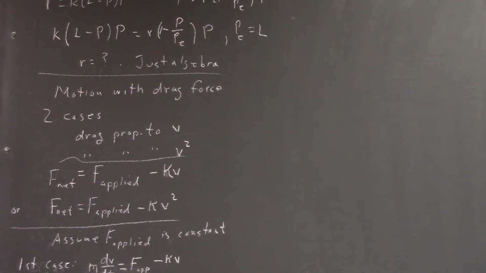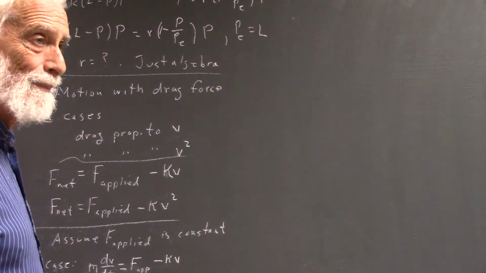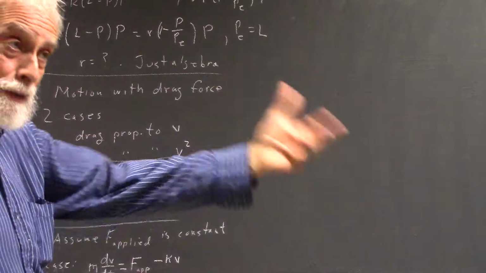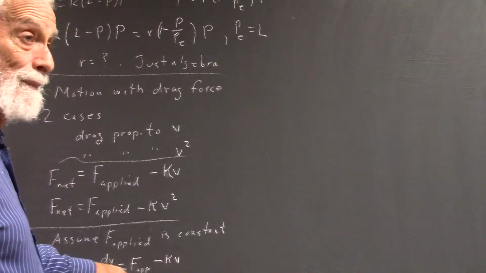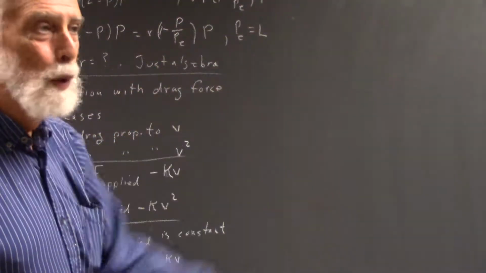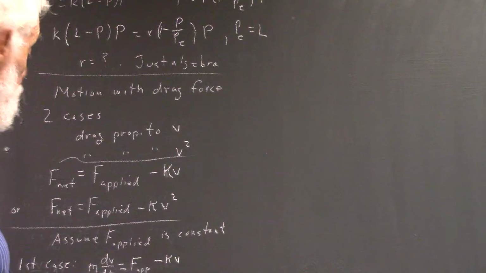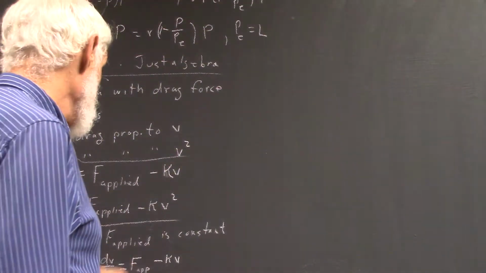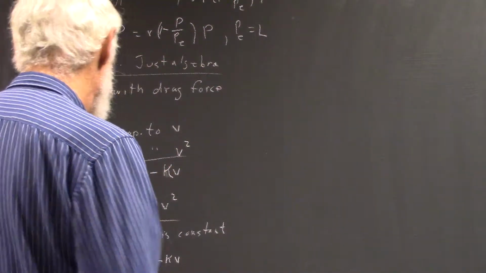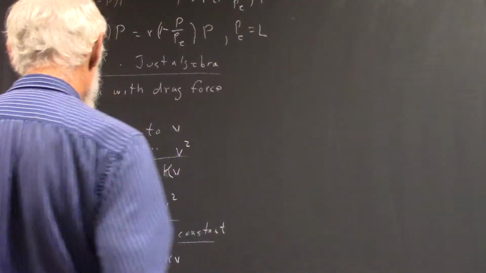If your applied force is a function of t, then the equation is no longer separable. But it is first order linear. It just has a non-homogeneous part over here, and you can then do what you want to do. Okay? So it's handy to be able to do it either way. This way is probably more straightforward when you have a constant applied force. So, assuming that this is constant, we have this.